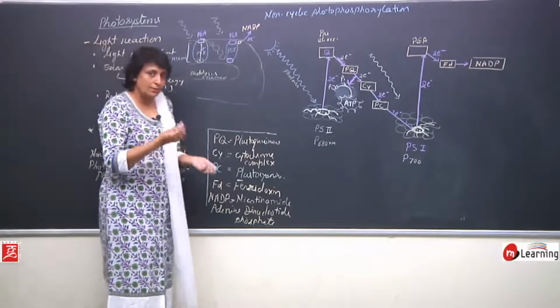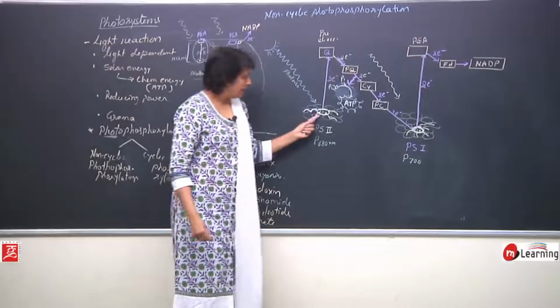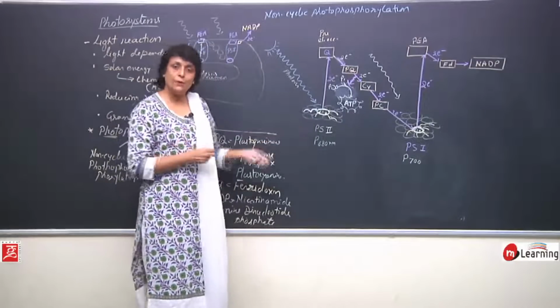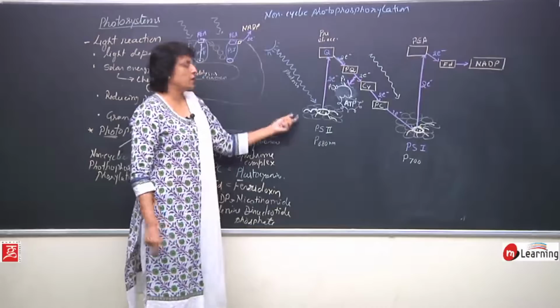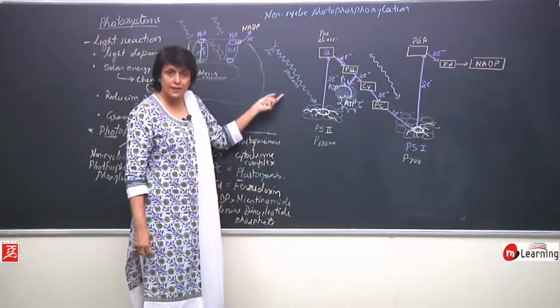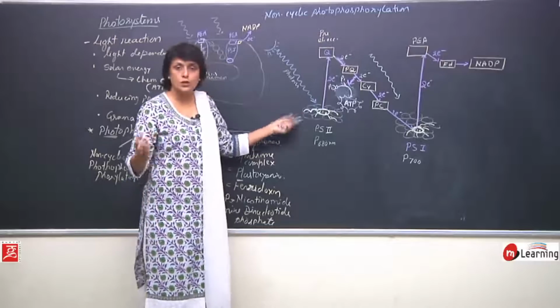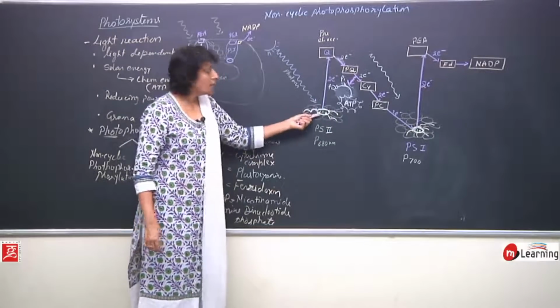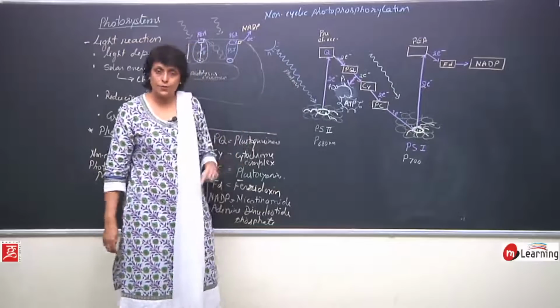Now let us talk about some different thing. This chlorophyll A of PS2, what has happened to it? Because of this energy from the sun plus the energy which is collected and supplied by the accessory pigments, it lost a pair of electrons.